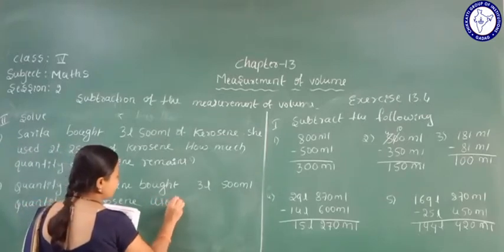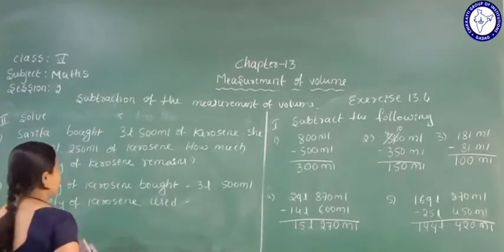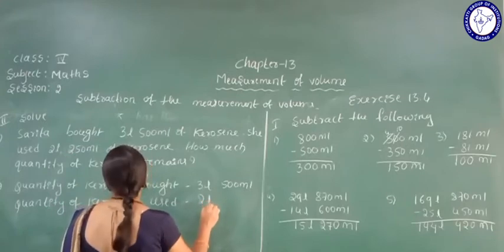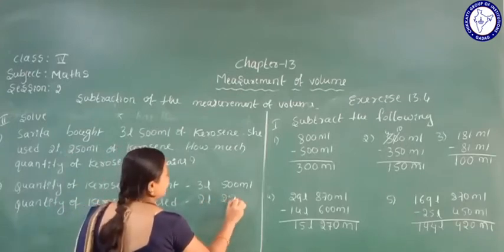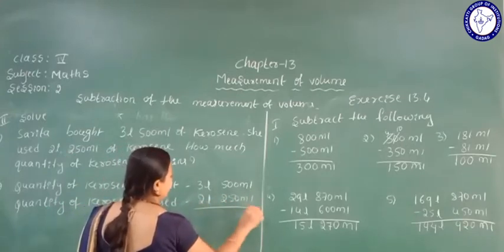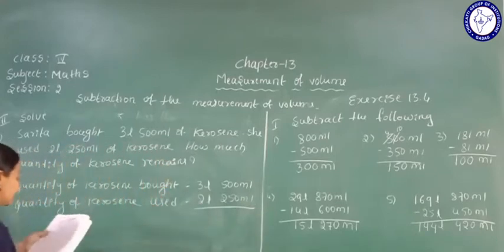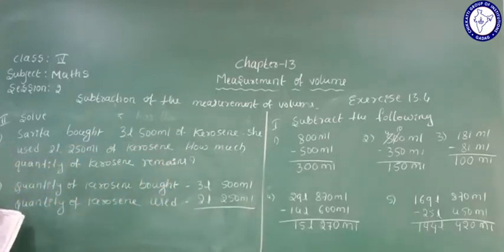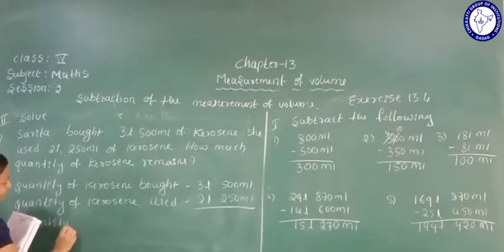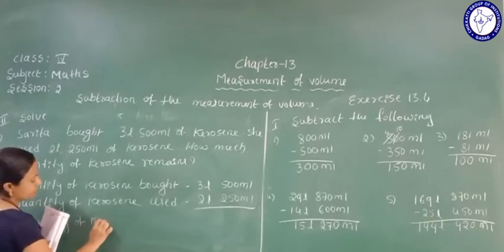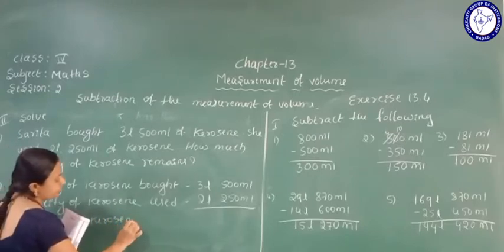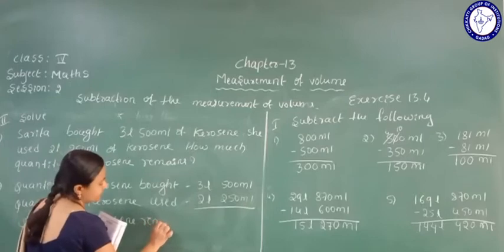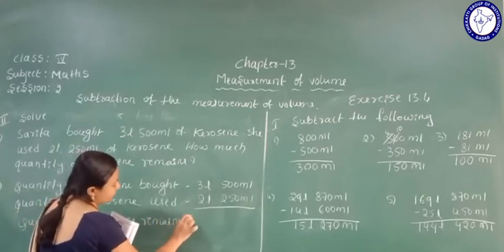How much she used here? That is 2 liter 250 ml. So what will we be finding here? Quantity of kerosene remains. How much remained?